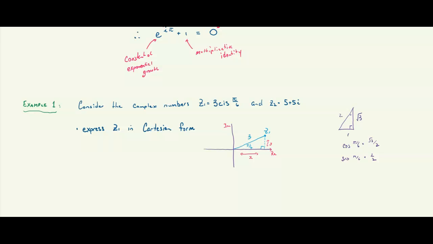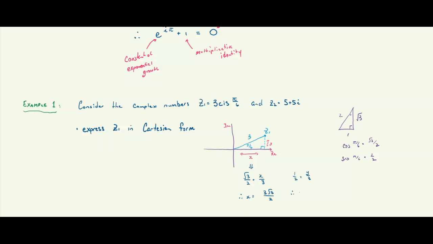So that means that x over 3 is equal to root 3 over 2. So I'm going to come down here and say, righto, root 3 on 2, which is my cos pi on 6, is equal to x over 3. So therefore, x is equal to 3 root 3 over 2. And we come over this side and say that 1/2, which is sine pi on 6, is equal to y over 3.